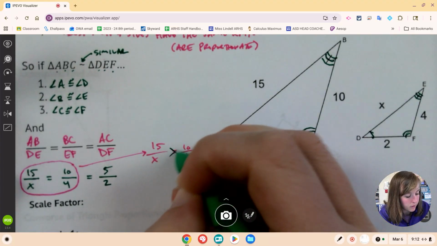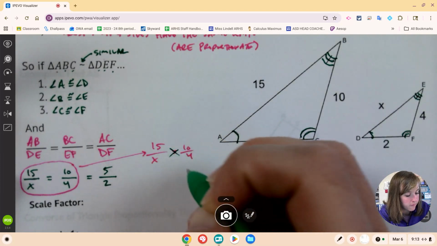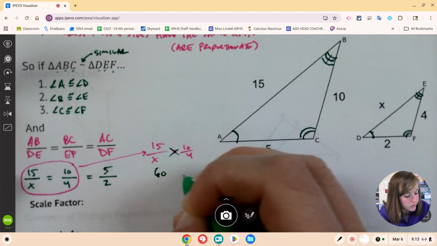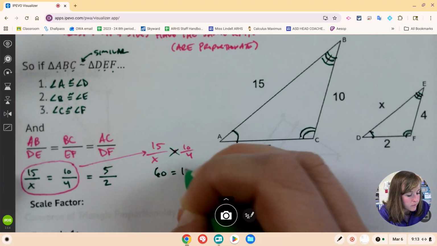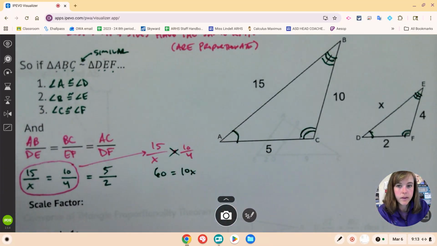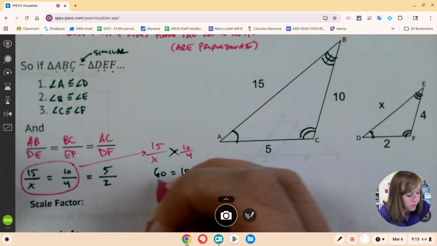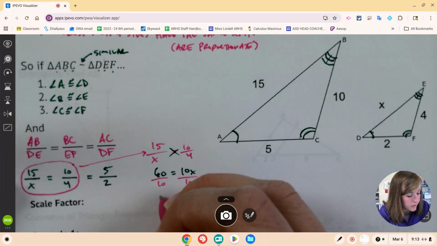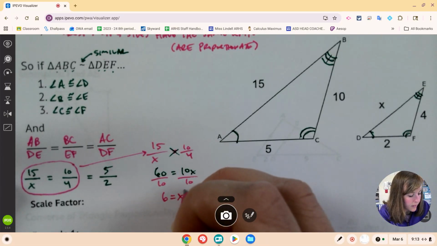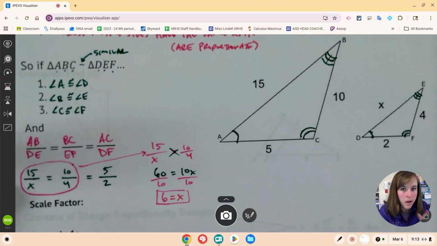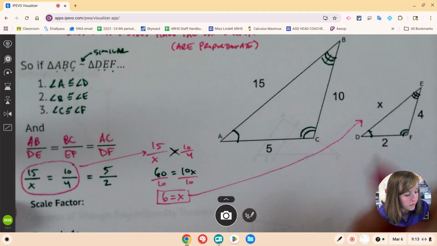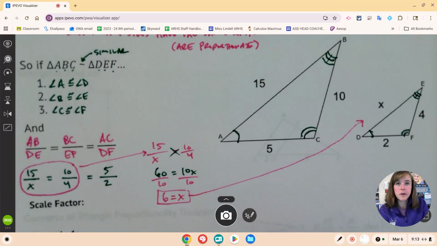So I'm going to cross multiply, so we got 15 times 4, which is 60, and then x times 10, which is 10x. And then divide by 10 on both sides, we get 6 equals x. So that would be that missing side. So that's one useful thing we can do, knowing that two shapes are similar to each other. We can solve for missing sides that way.